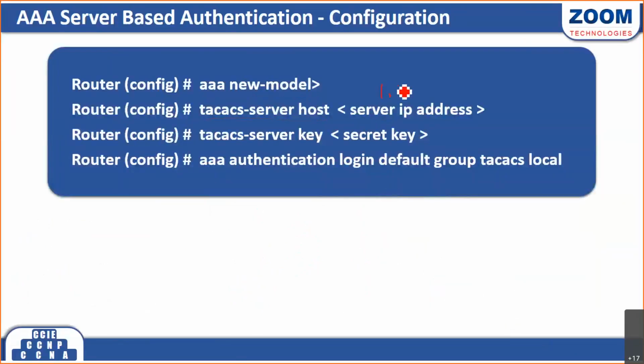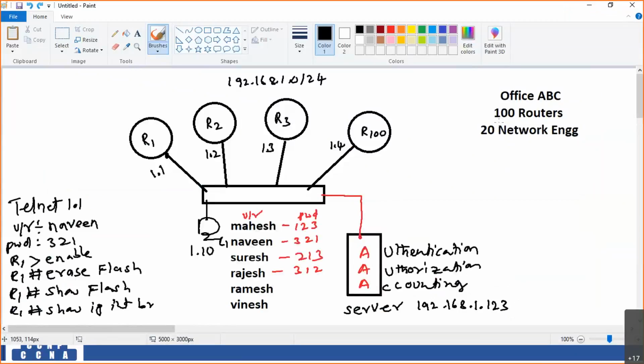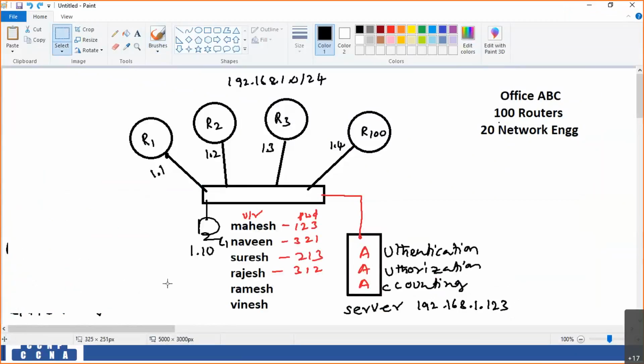And tacacs-server key, the secret key. So we need to write a key, which means a password. Why is the password required? What is the AAA server IP address? 1.123.